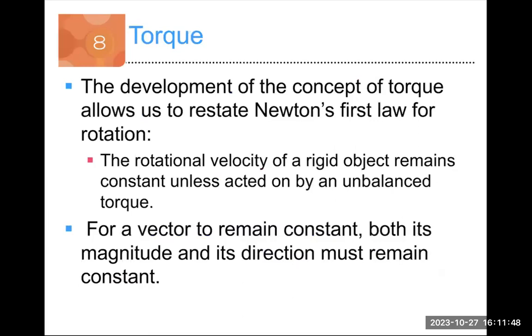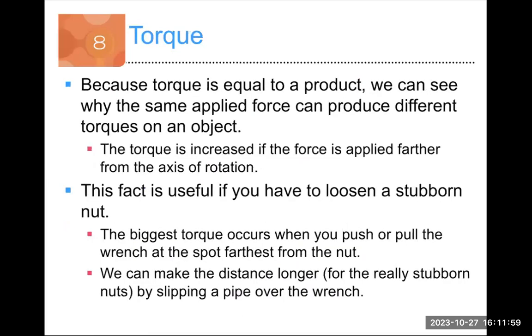And remember, for a vector to remain constant, both the magnitude as well as its direction must remain constant. Now, we just said that torque was equal to a product. So you can see why the same applied force can produce different torques on an object.